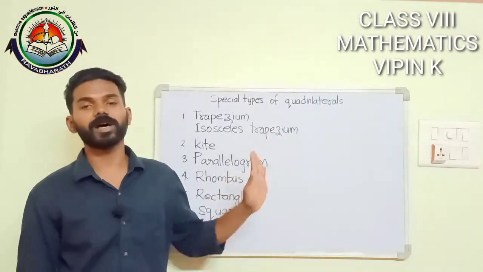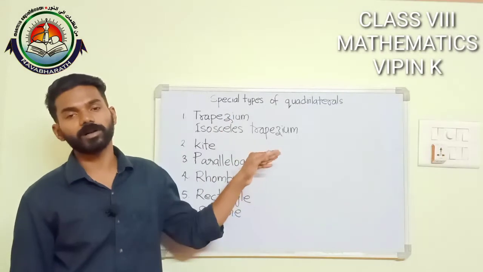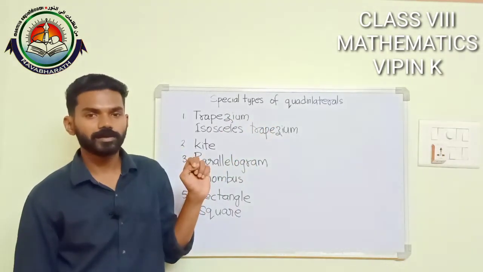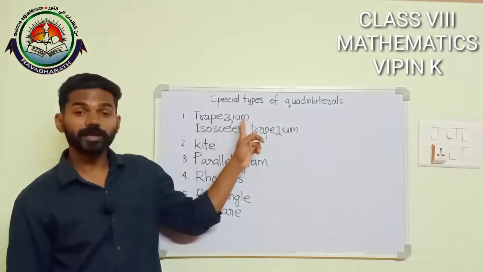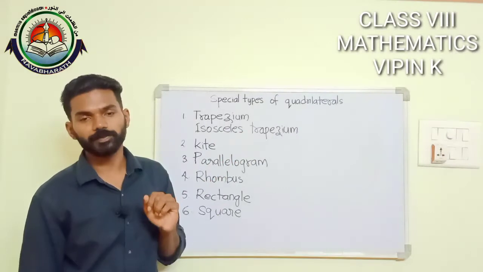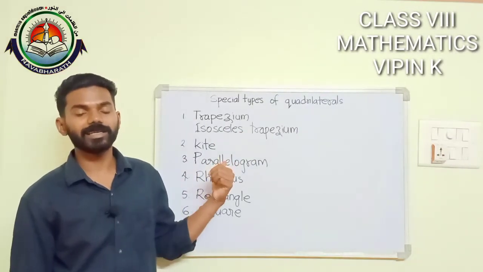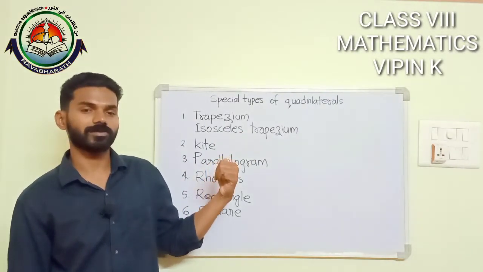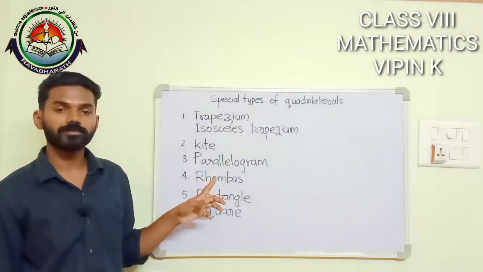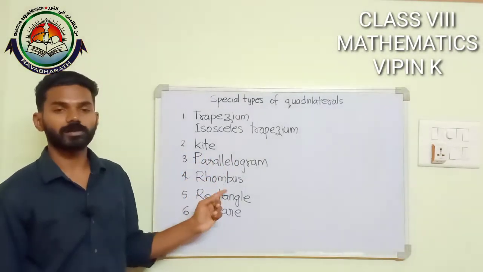Okay, these are the different types of quadrilaterals that we are going to discuss today. The first one is trapezium and isosceles trapezium. The second one is kite. The third one is parallelogram. The fourth one is rhombus.